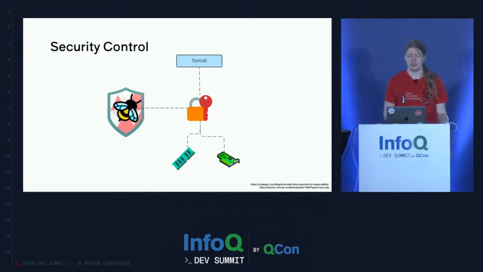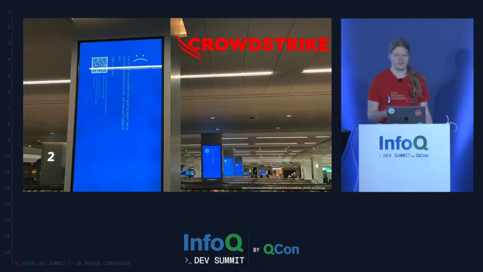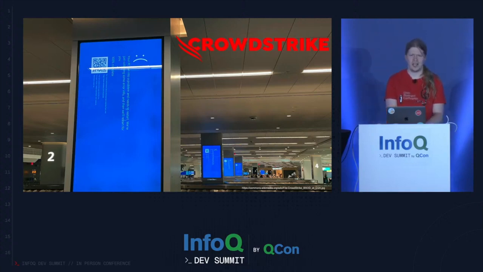It's also cool for security control. If you've ever heard of AppArmor, that can also be used with eBPF. And what's also pretty cool, you saw this before, CrowdStrike. It was really nice when everything ground to a halt, just because of out-of-bounds reads.